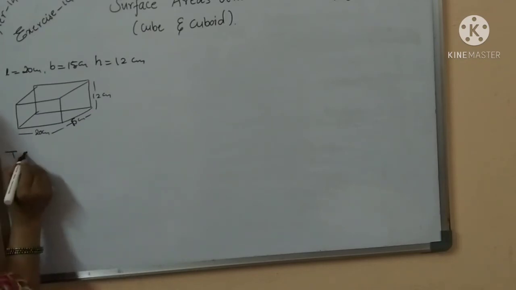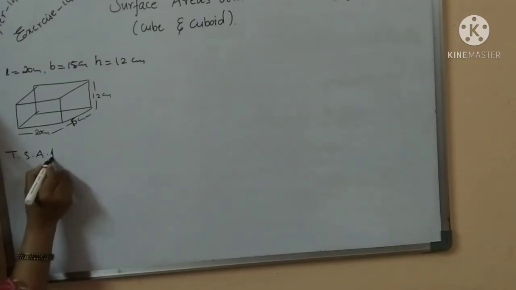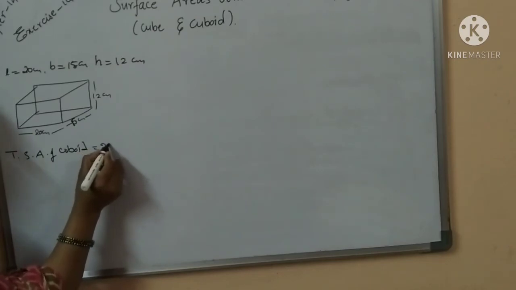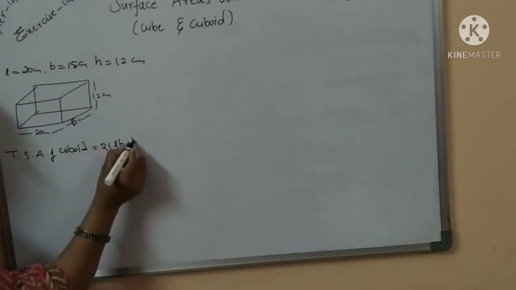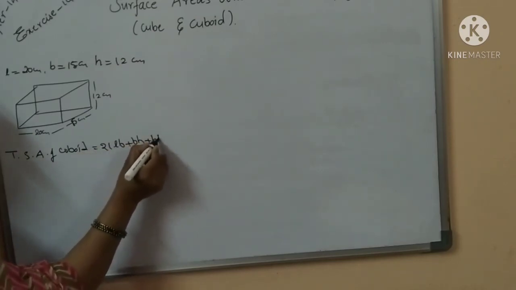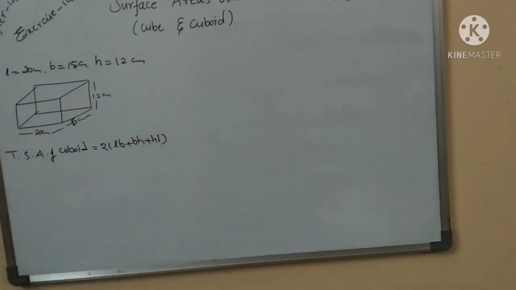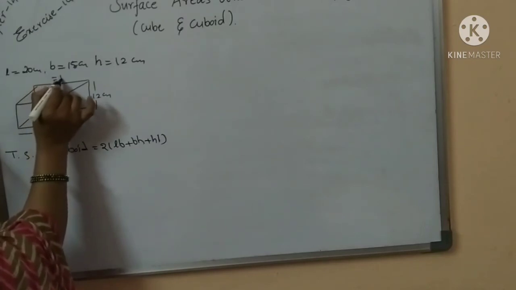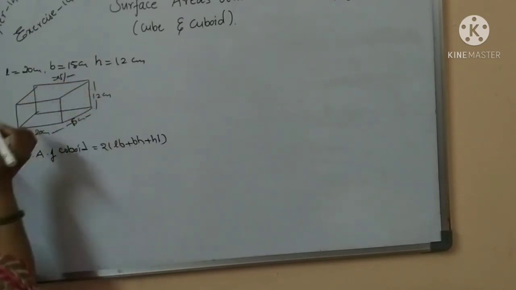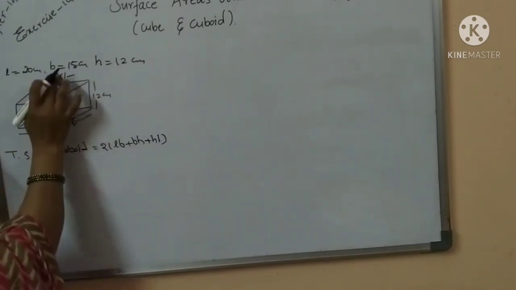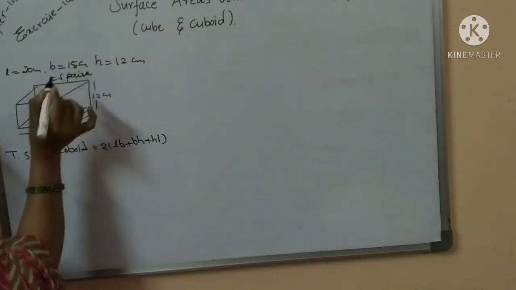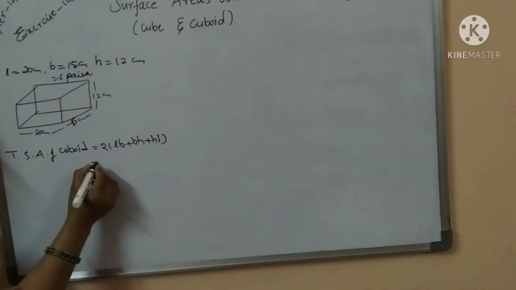Total surface area of a cuboid equal to 2 into lb plus bh plus hl. Every square centimeter costs 5 paisa. Okay, substitute in the formula.